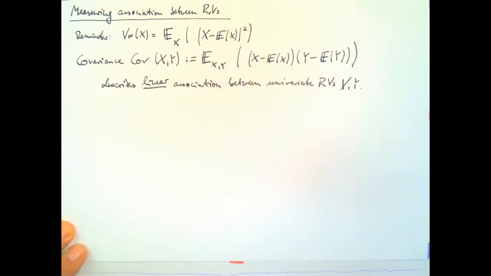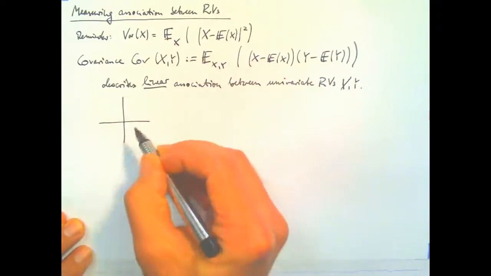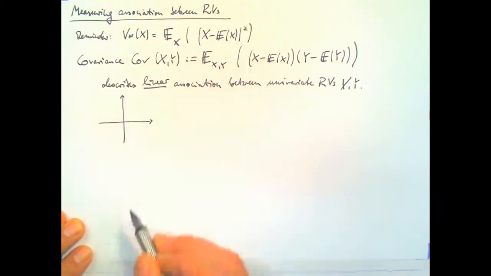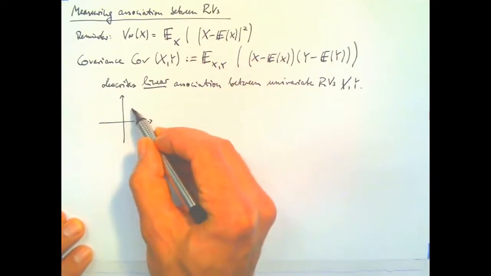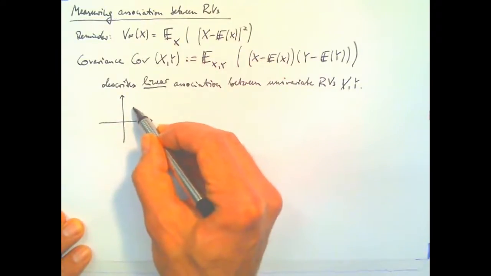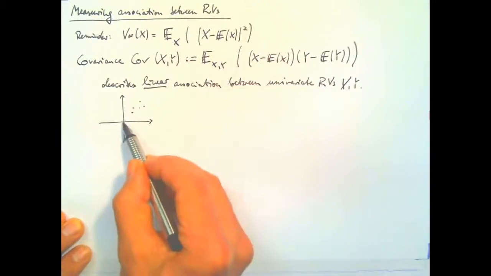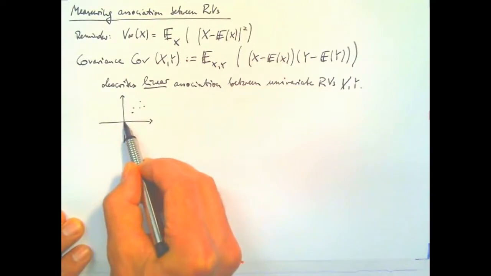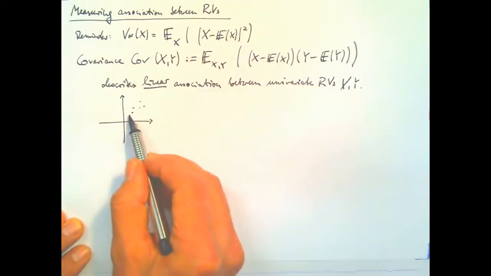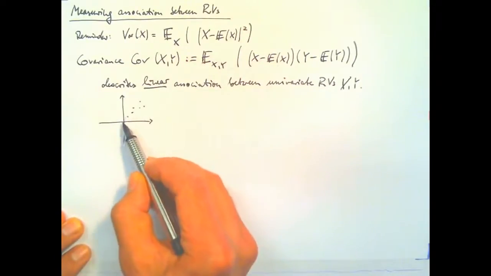So, in other words, when would we get a positive covariance? If we have, we can estimate this empirically, and if we have some observations in this quadrant, and let's say the expectation of x is 0 and the expectation of y is 0, then we multiply a positive number with a positive number, so we have a positive contribution.